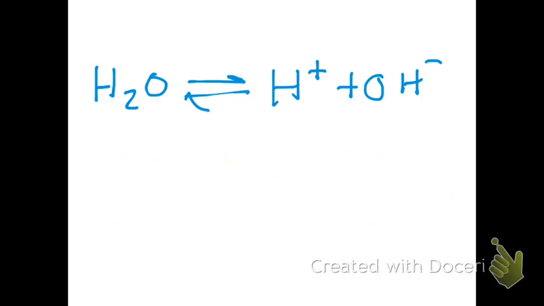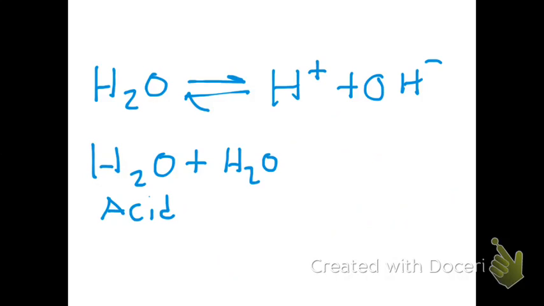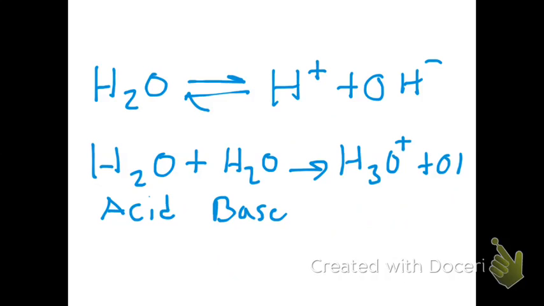Alright? And so anytime you have water, you're going to form an equilibrium situation like this. Or, better yet, what really happens is water is going to act as an acid, and it's going to react with another water molecule, which is going to act as the base, and it's going to form the hydronium ion plus the OH minus ion.